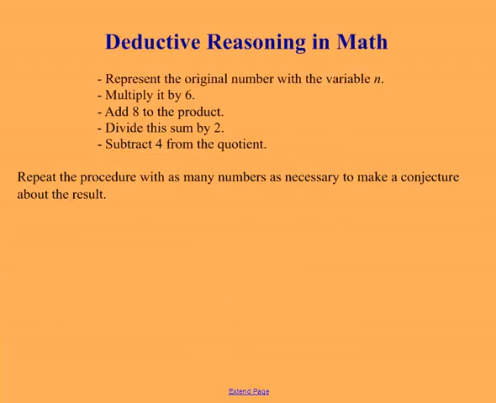All right, now we're going to use deductive reasoning. Notice that we're using the same process here, but what has changed is this very first step. Instead of using a number, we're going to use the variable n. Now remember that in algebra, a variable can stand for any number.